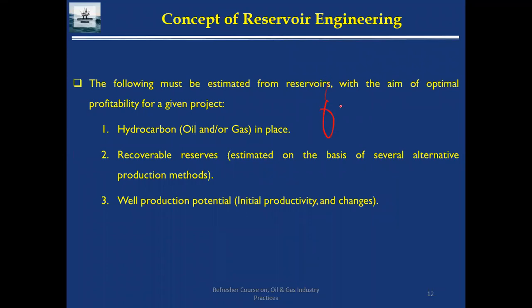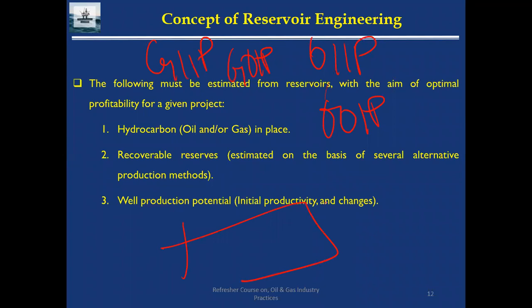That means oil originally in place or oil initially in place, and gas initially in place, or gas originally in place. This is what we're calculating. So in a given field, what is the initial volume of oil or gas present there? Then out of this oil initially in place, or gas initially in place, what would be the recoverable reserves?